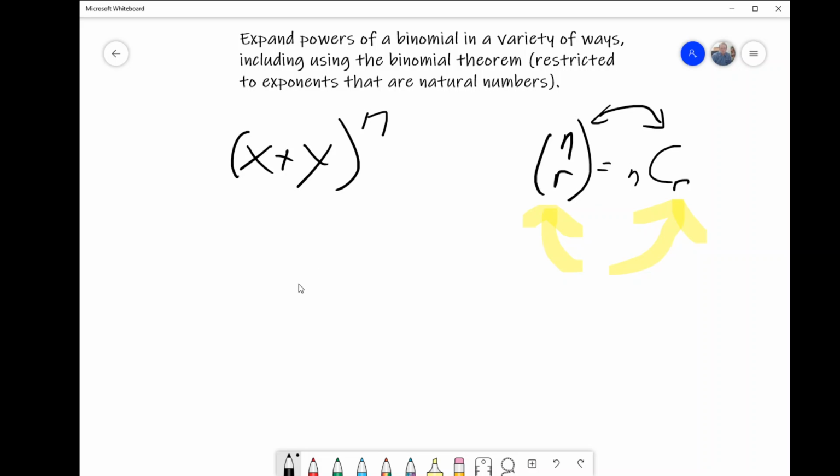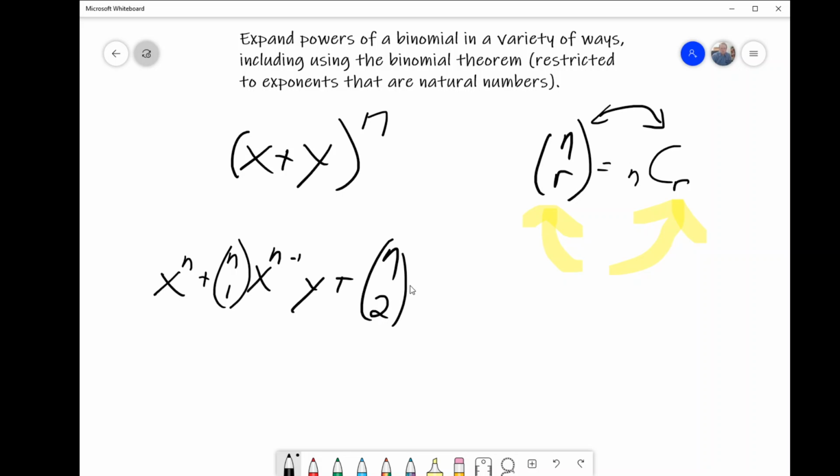So why is this relevant? Well, it's because when you're doing your expansion, this x plus y all to the n is going to be x to the n times this first binomial term plus the second binomial term, and x to the n minus 2, y squared, and so on and so forth until we actually end up, if you want we can do this n choose 0, that's going to be 1.